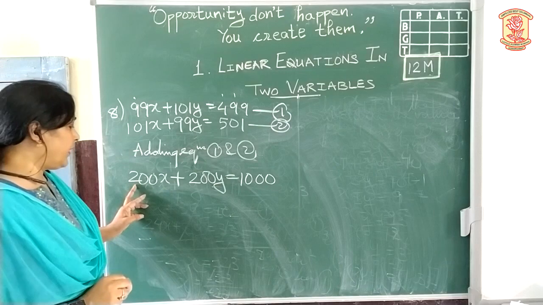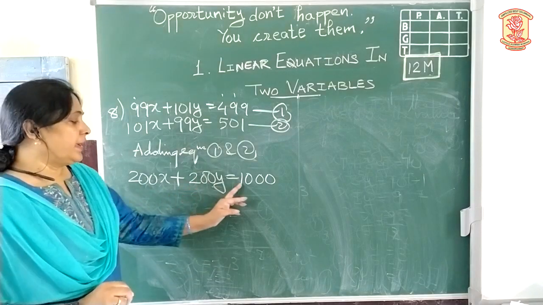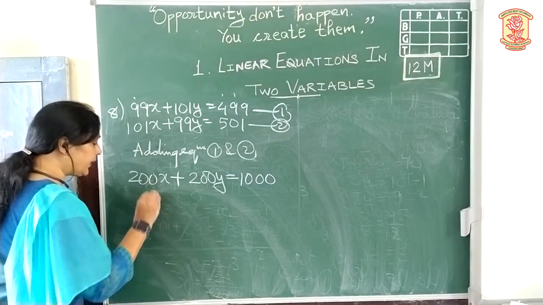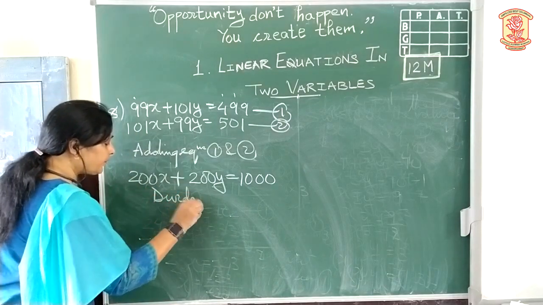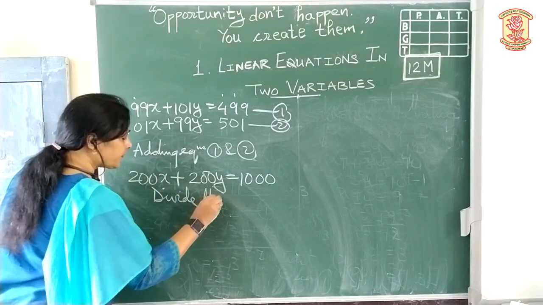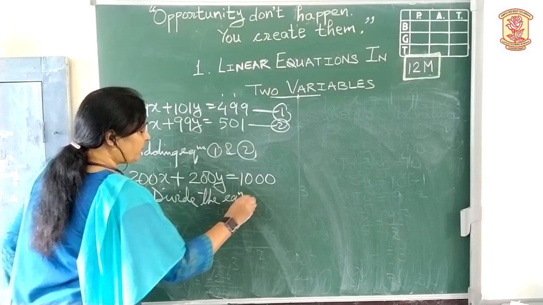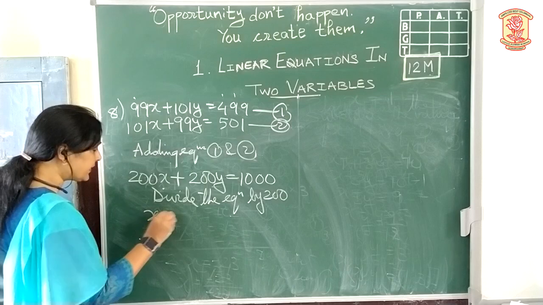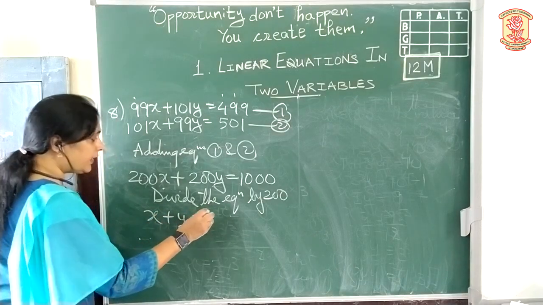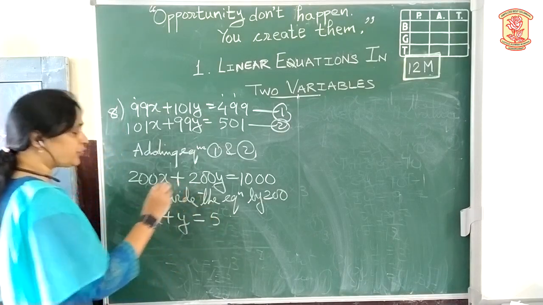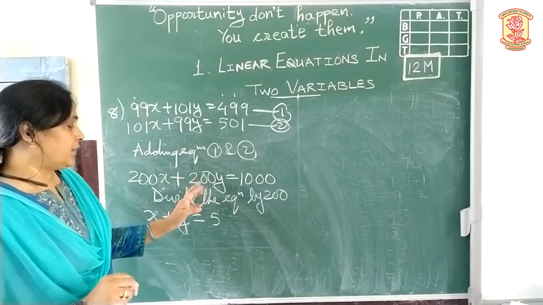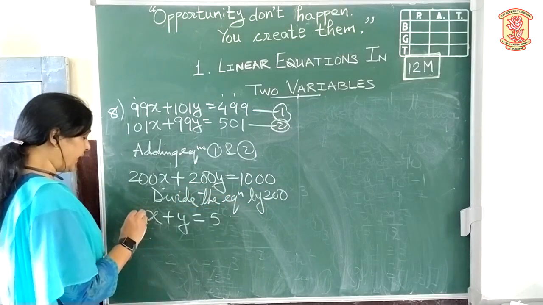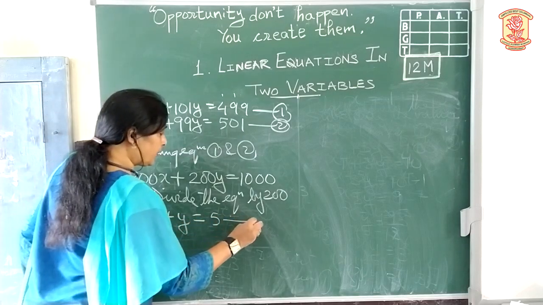So we get 200x plus 200y equals 1000. To make it simpler, divide the equation by 200. So this becomes x plus y equals 5, since 200 into 5 is 1000. So we get x plus y equals 5.